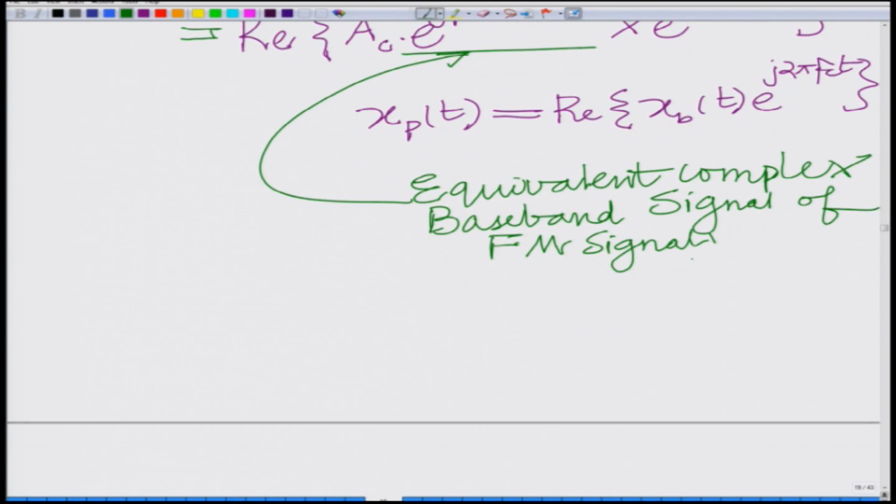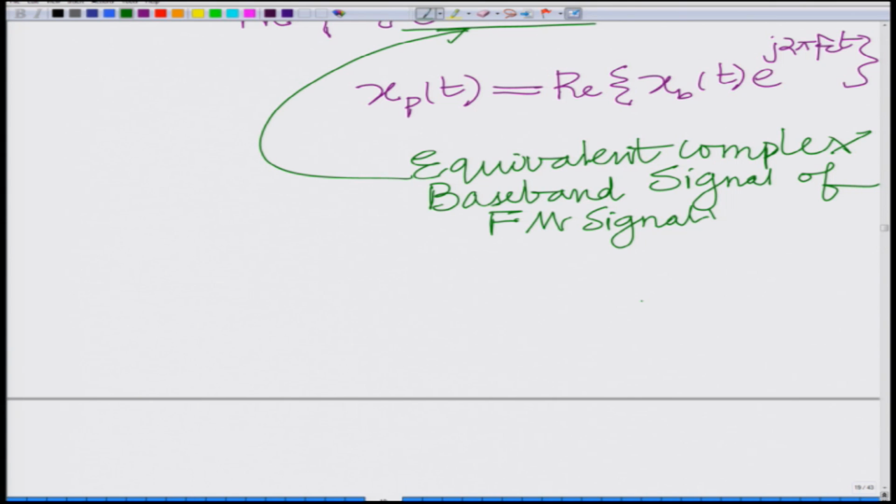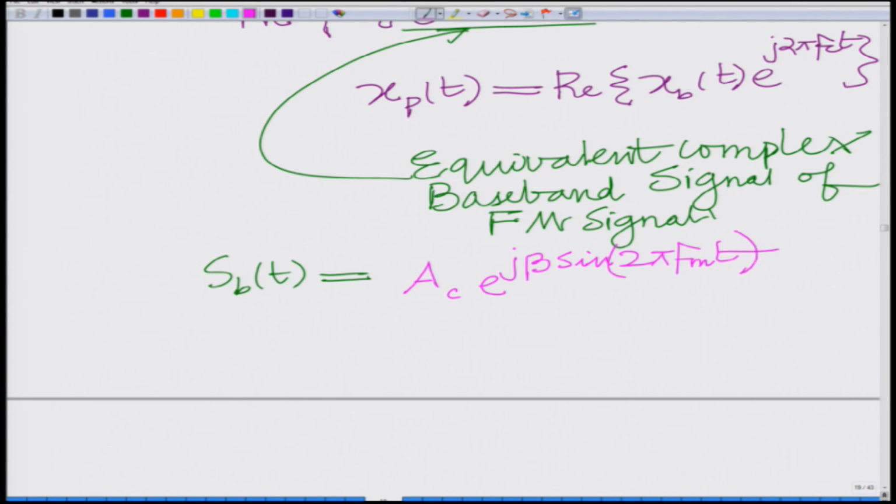And therefore, the complex baseband signal is sb(t) equals Ac e to the power of j beta sine 2 pi fm t.